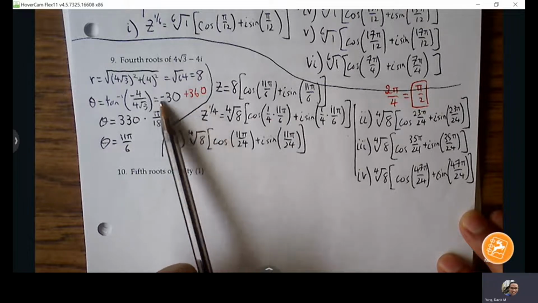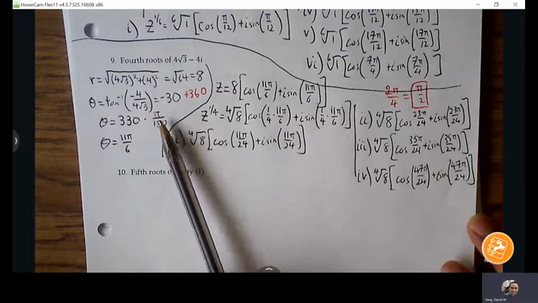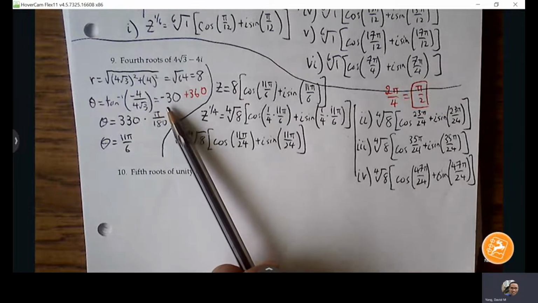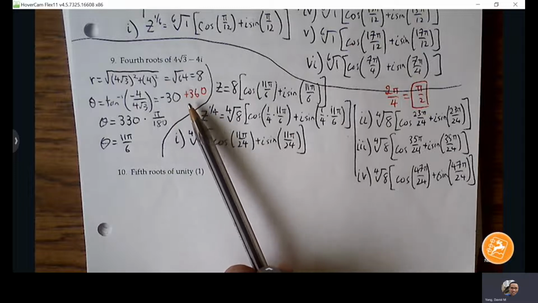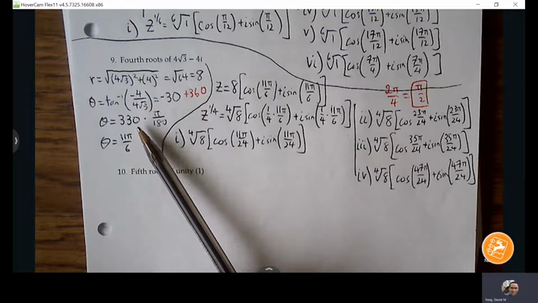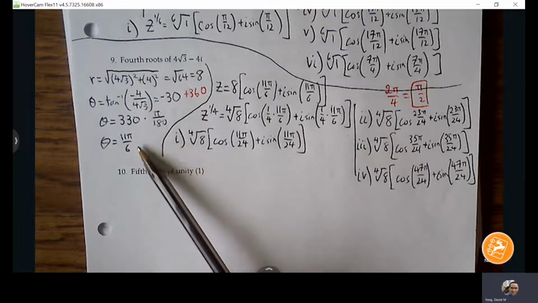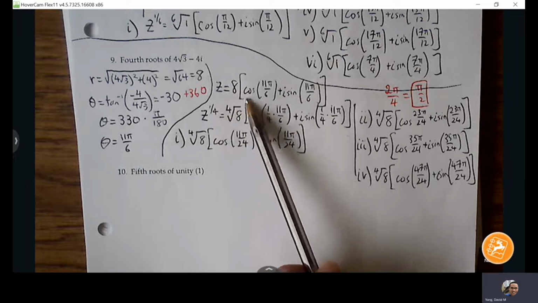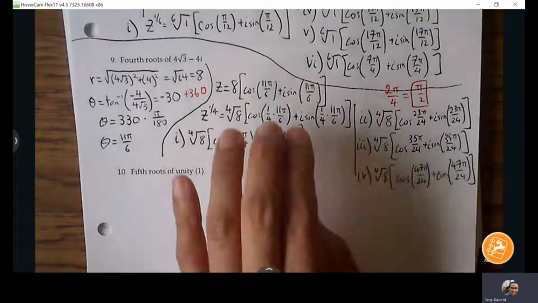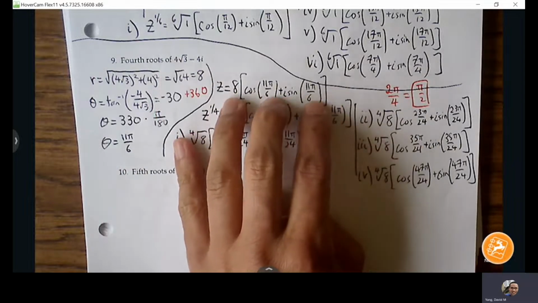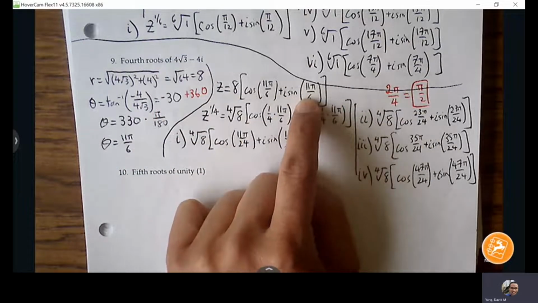In this case, it's easier to start off in degree mode, and then once you get that degree, convert it to radians by multiplying by pi over 180, and it's 11 pi over 6. So our complex number in standard form is 8 CIS 11 pi over 6.